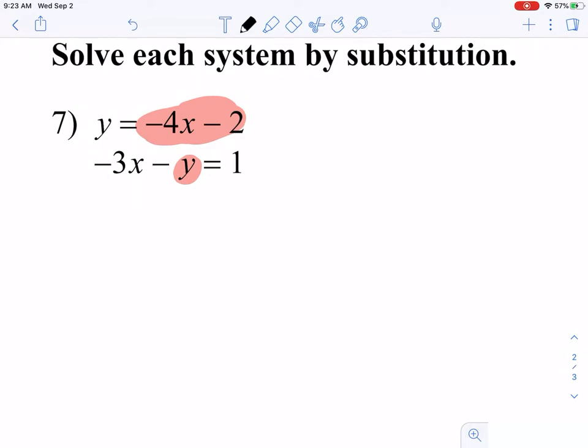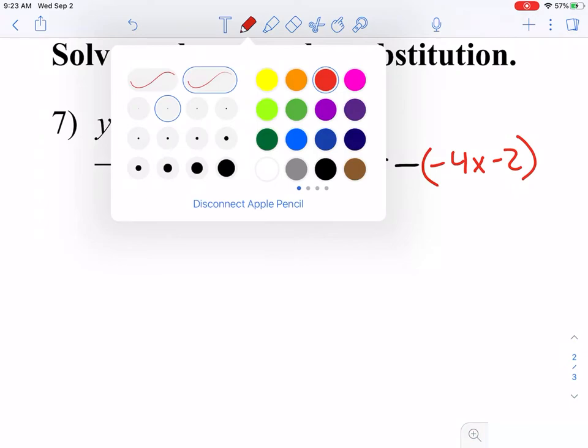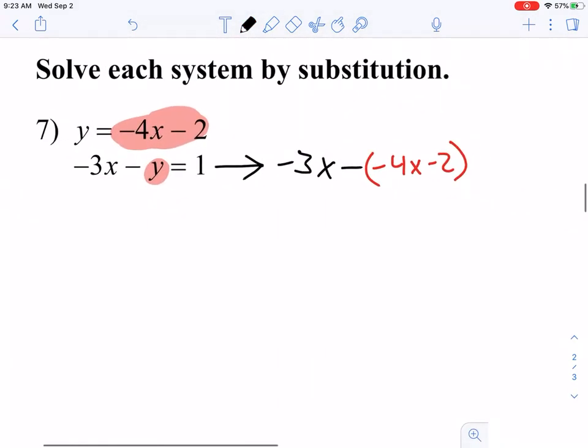I'm going to take what y equals, which is negative 4x minus 2, and I'm going to replace it for y. I'm going to substitute with parentheses negative 4x minus 2 in my other equation. Then I'm going to complete writing my equation out, equals 1.